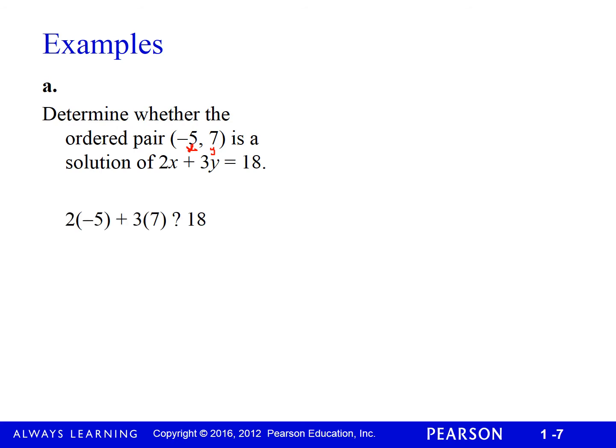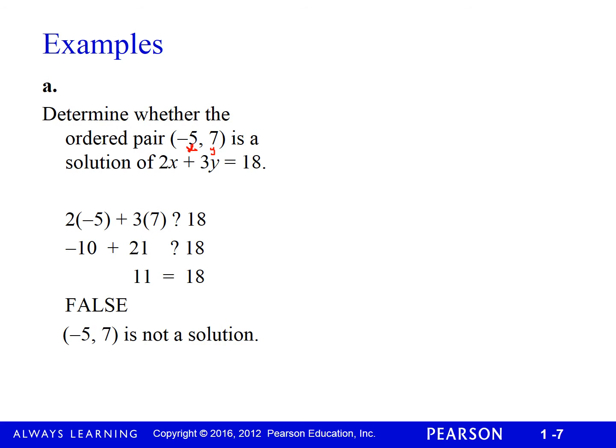See if we get the truth. Well, let's see. That's negative 10 and a 21. You add those, you're not going to get 18. You got 11. And 11 equals 18 is a false statement. So we conclude that negative 5, 7 is not a solution. That also tells us something about the graph.